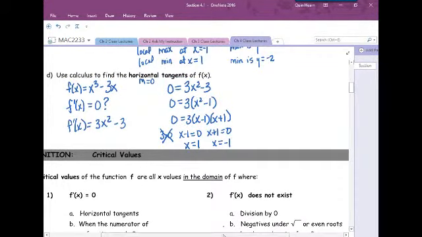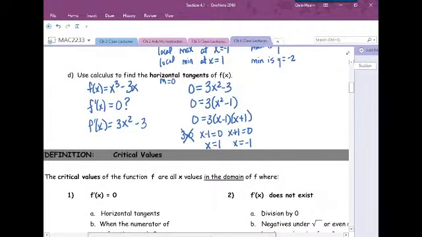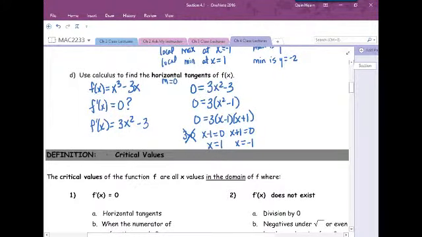Some terminology that we'll need to use is what we mean by critical values. So as we just saw in the previous example, where the derivative equals 0 is important because we have horizontal tangent lines there, and we have the situation where the graph could potentially turn around.